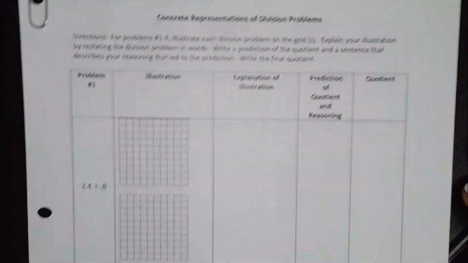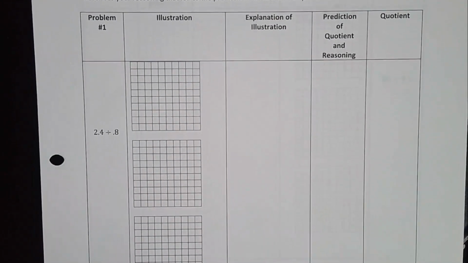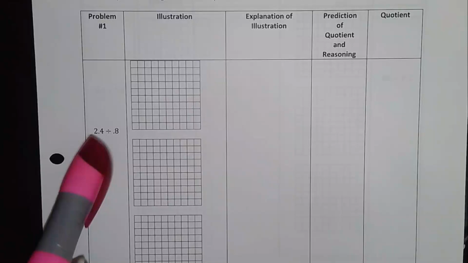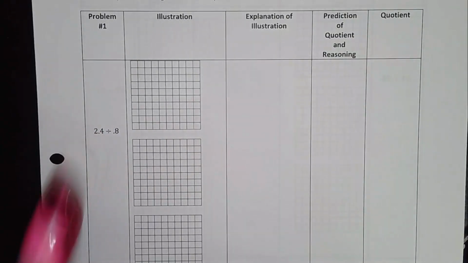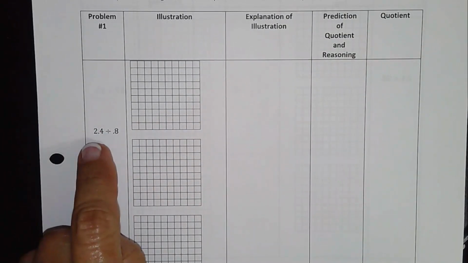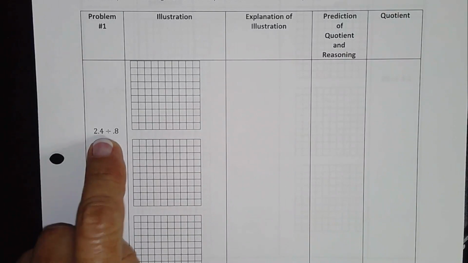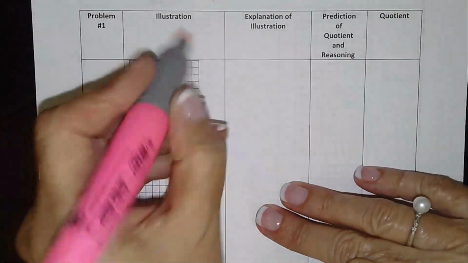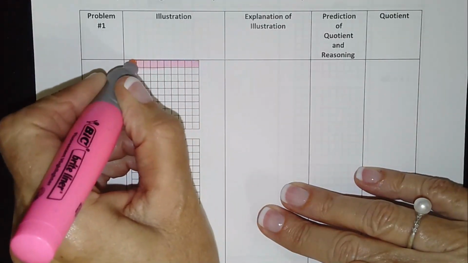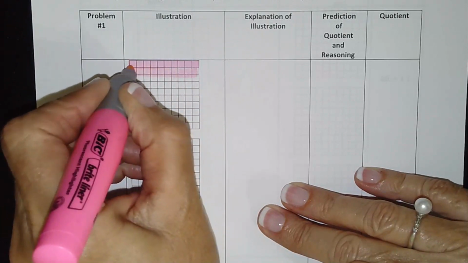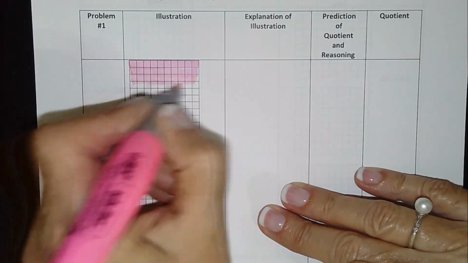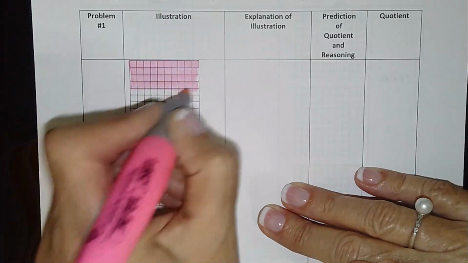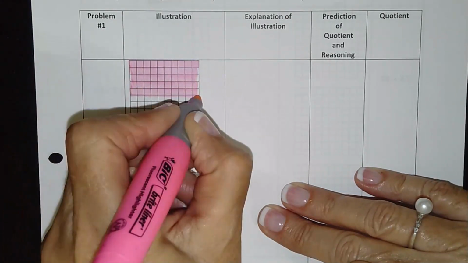So with division, I think it'd be pretty cool to draw the picture just to understand what division means. So this means 2 wholes and 4 strips, because this is read 2 and 4/10. So 2 wholes. Oh, I guess I don't need to count, do I?